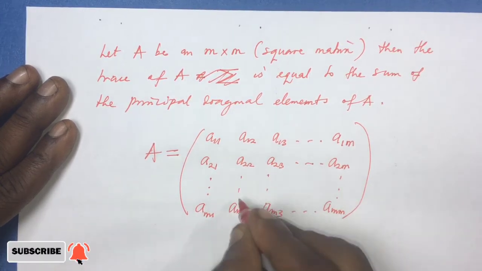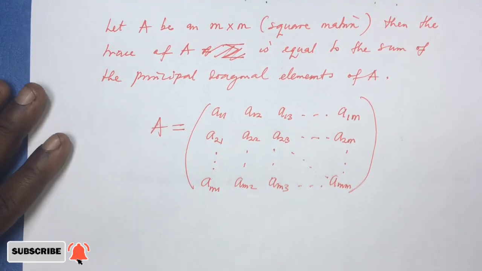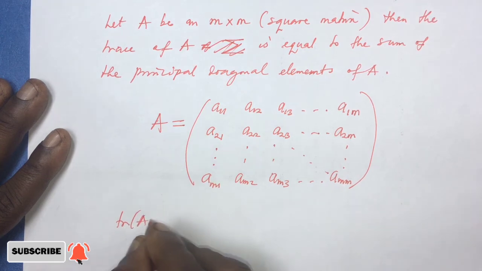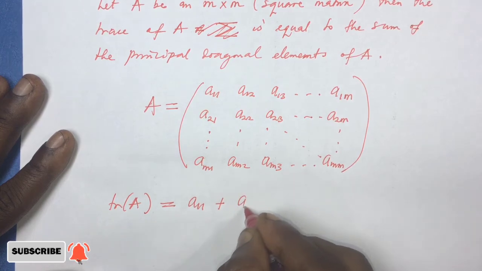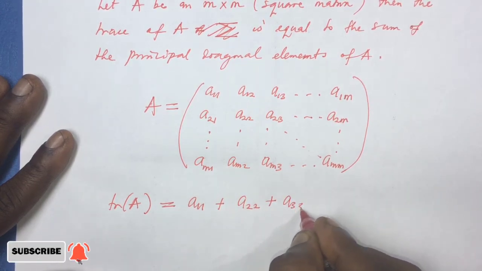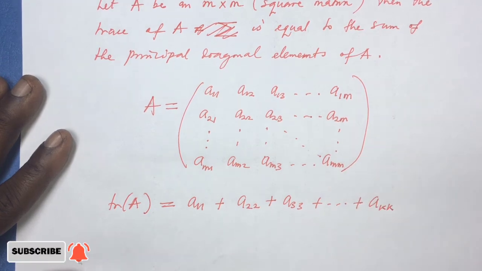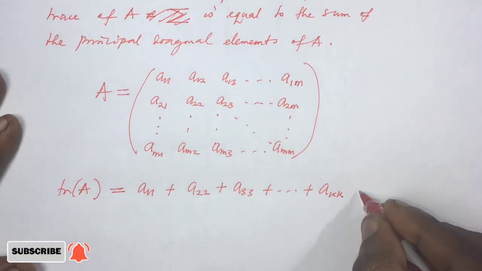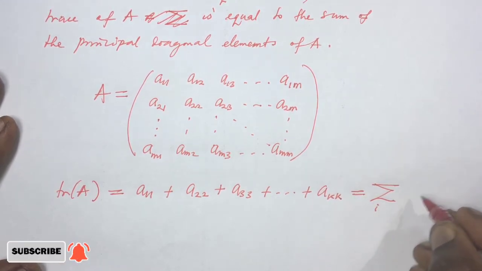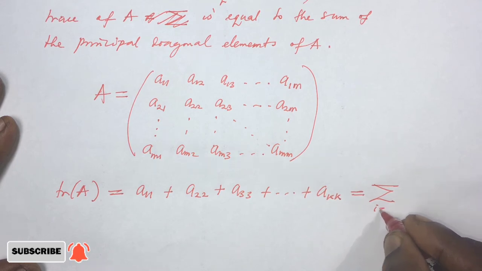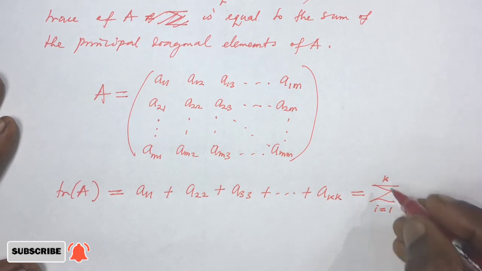Okay, now this is a square matrix, so if you want to obtain the trace of A, to summarize this video, it will be A11 plus A22 plus A33 plus it goes on up to AKK. Okay, and that can be written using summation as the sum from i equals 1 to K, or to M in this case.